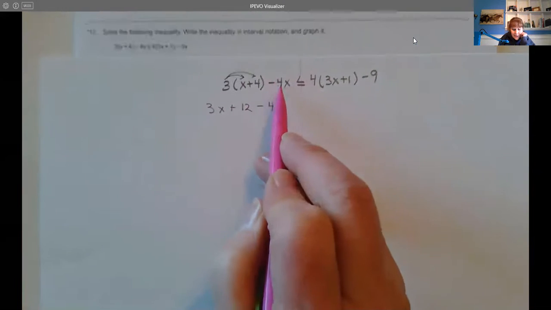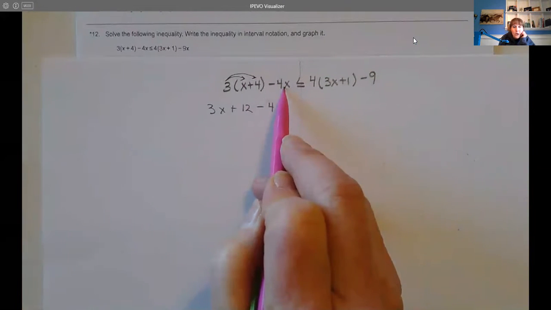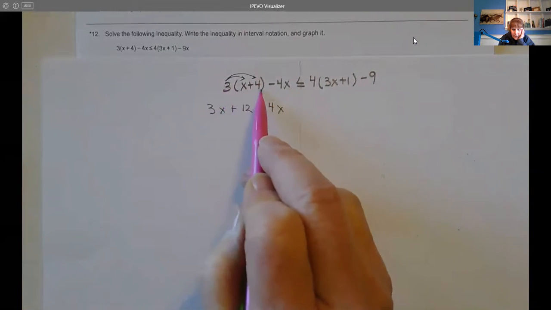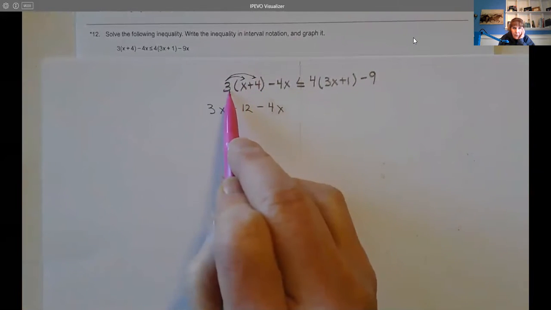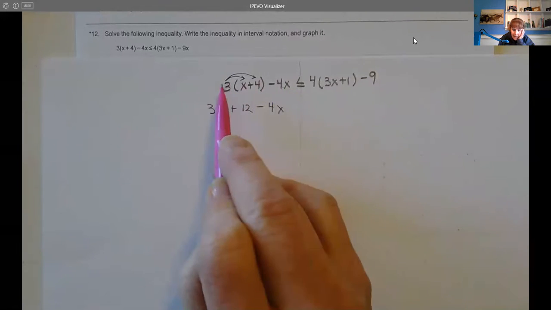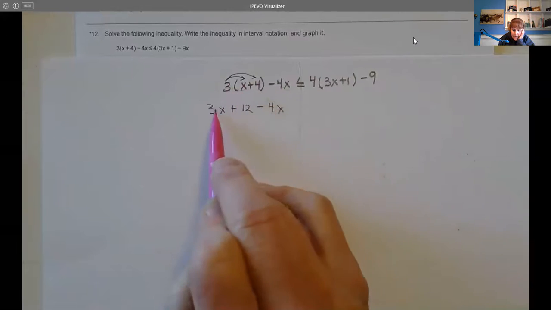That 4x is not in the parentheses, which means you will not multiply it by the 3. Only what's in the parentheses gets multiplied with the 3. It's outside, so you don't multiply it.